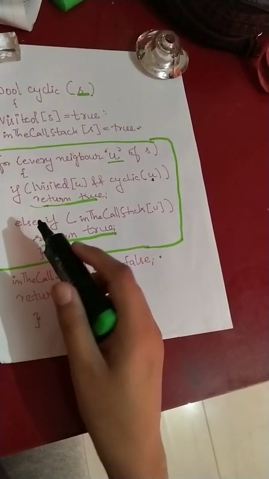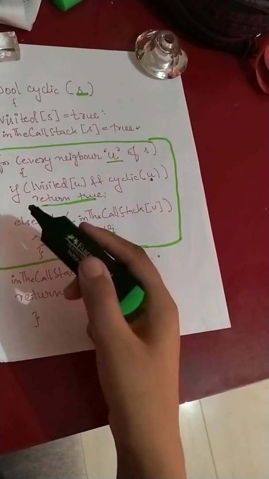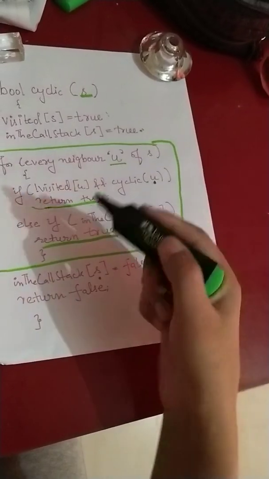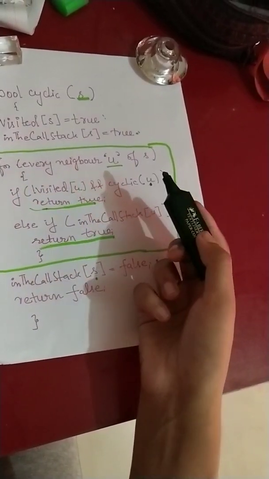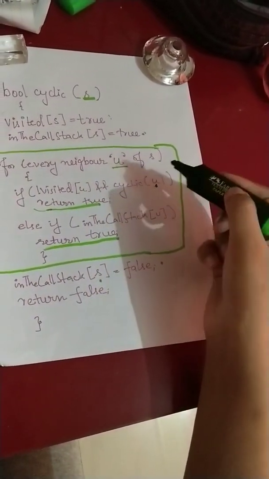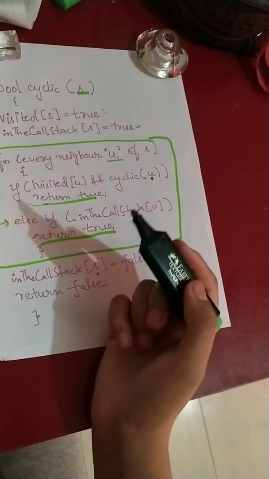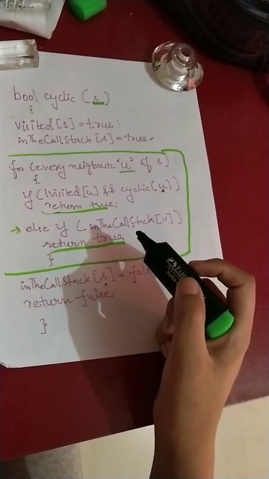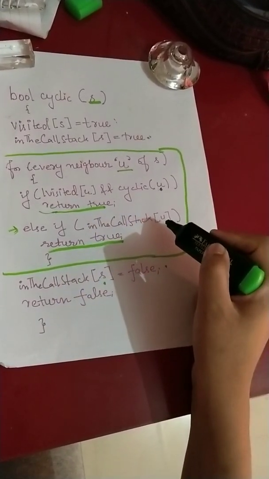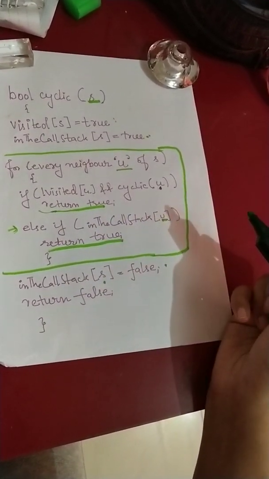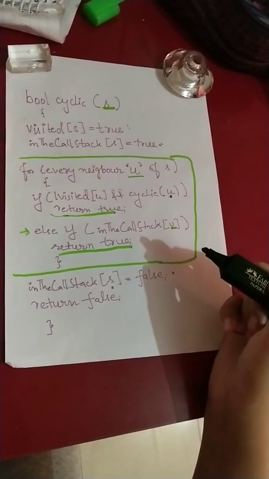Otherwise, suppose it was visited, or if the cycle was not there, then we will come into this condition. This condition says if the current neighbor is already in the call stack, then also you have to return true.